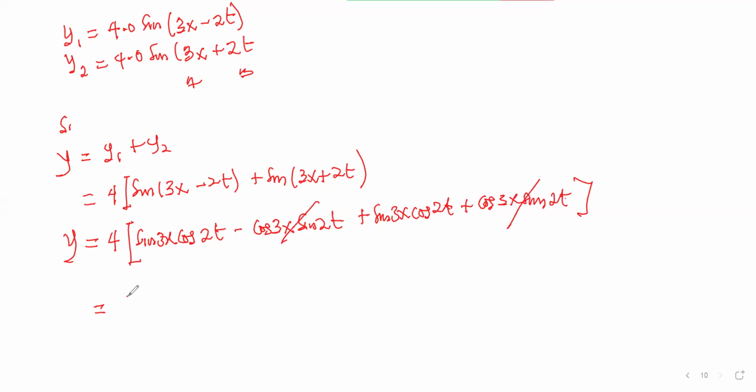So we'll have 4 times 2 sine of 3x cos of 2t.